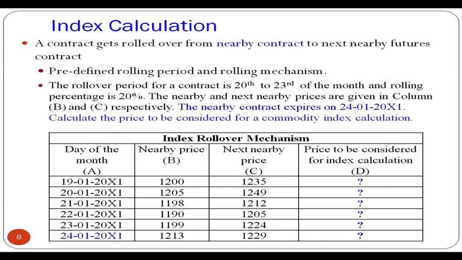For calculation of the index, before the maturity of a particular underlying futures contract, the price considered shifts from the nearby futures price to the next nearby futures price based on a standard rolling mechanism. In the next session we will discuss in detail how this index rollover mechanism happens, with an example. And let me summarize what we discussed today.